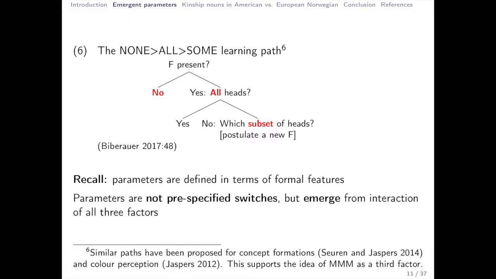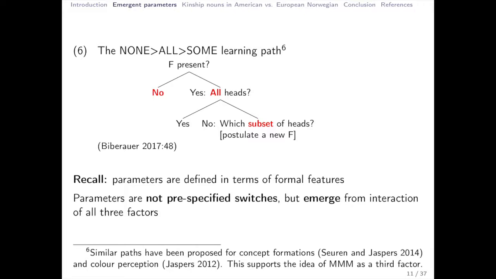Now, if it's clear that there is a formal feature, it does not apply to all heads, then the next question is, which subset of heads? What's the distribution of this feature? And here, to find the right subset of heads, we can actually postulate a new formal feature to find the right delimitation.